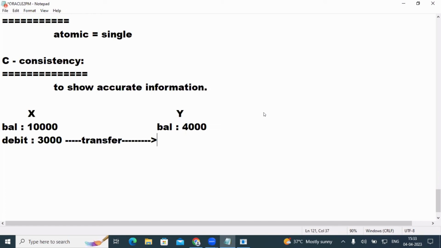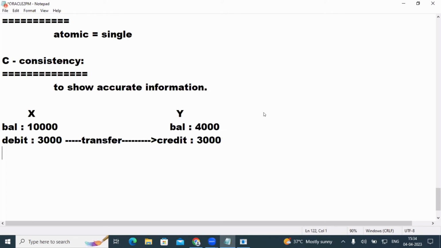From the sender account, money will be debited. Debit or credit? Debit. To whom are you sending? That is called the receiver. In the receiver account, it will be credited. Credit amount how much? 3,000. Debit amount how much? 3,000. Is it clear now?